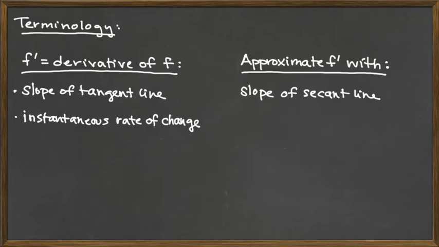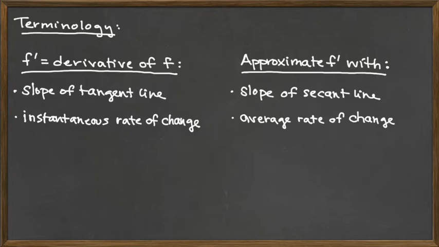So the rate of change is going to be the slope of these particular lines we care about, but the terminology instantaneous rate of change is dealing with the single point, just like the tangent line had the single point. In comparison, instead of instantaneous rate of change, we'd be talking about average rate of change, for the terminology that would go with the approximation.